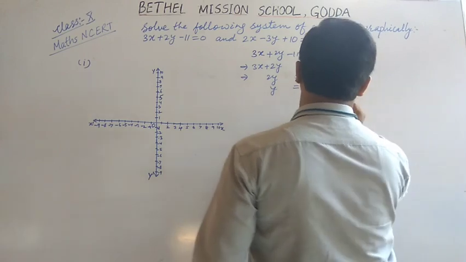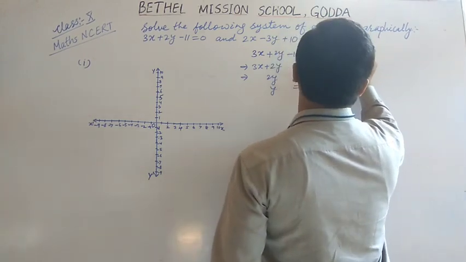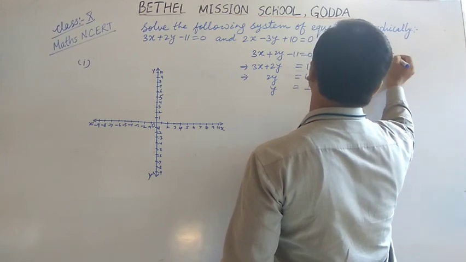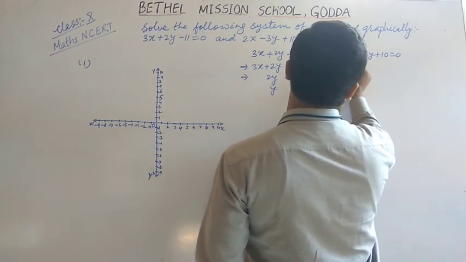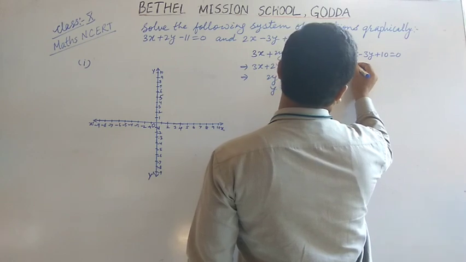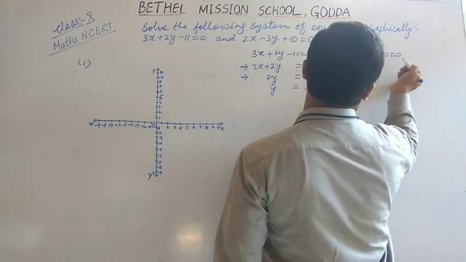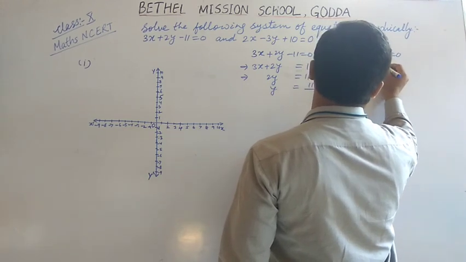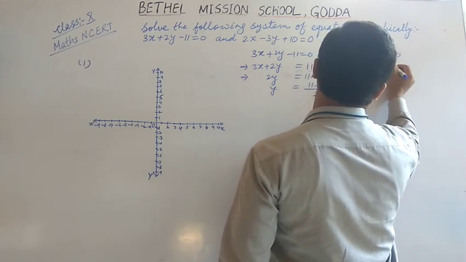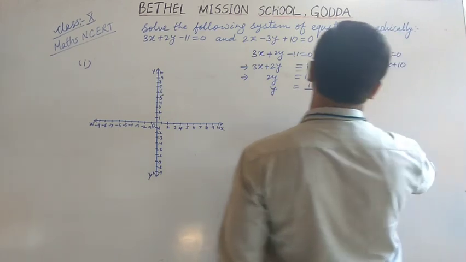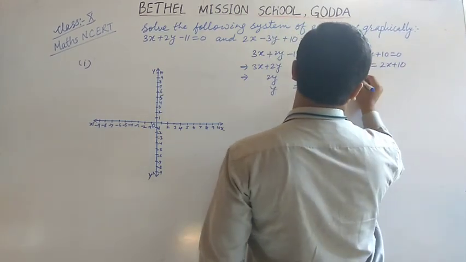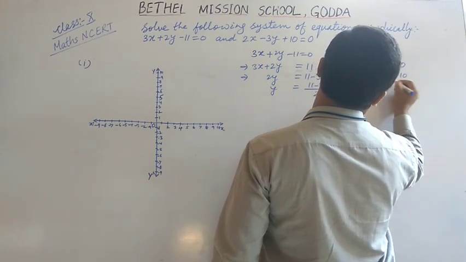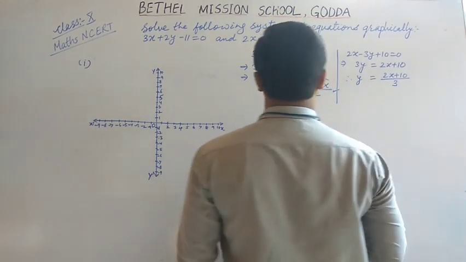Another equation we have is 2x minus 3y plus 10 equal to 0. Then transferring minus 3y to that side, you will get 3y equal to 2x plus 10, and therefore y equal to (2x plus 10) upon 3.